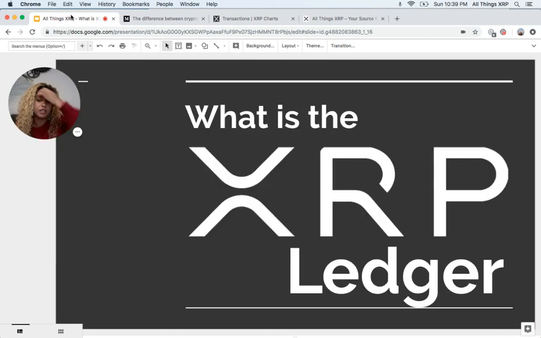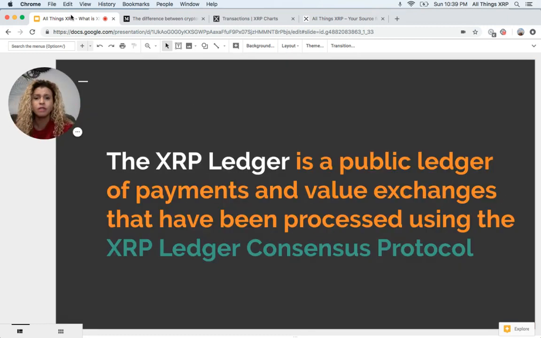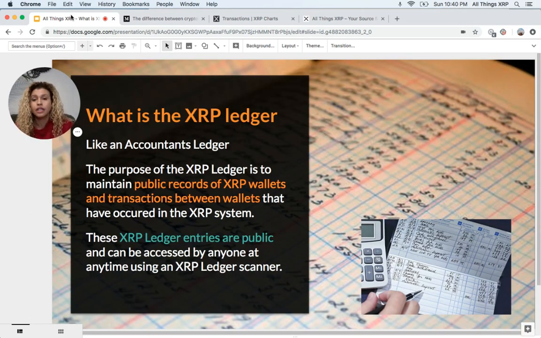So what is the XRP Ledger? Let's talk about that next. The XRP Ledger is a public ledger of payments and value exchanges that have been processed using the XRP Ledger Consensus Protocol. If we think about it, the concept of the XRP Ledger is really easy to understand. It's a lot like an accountant's ledger.